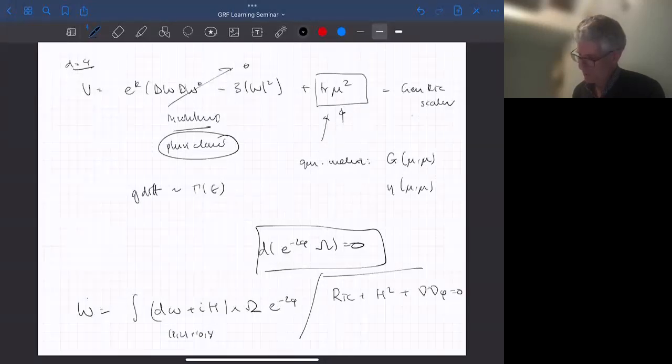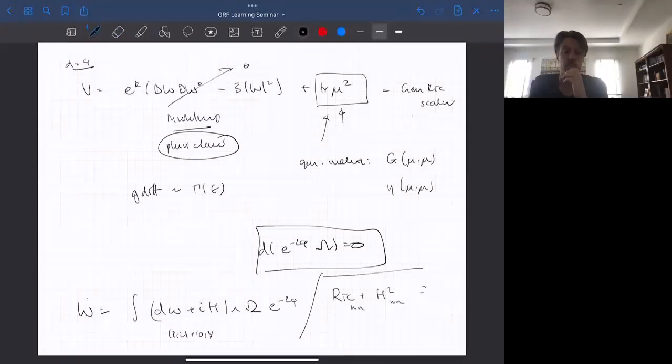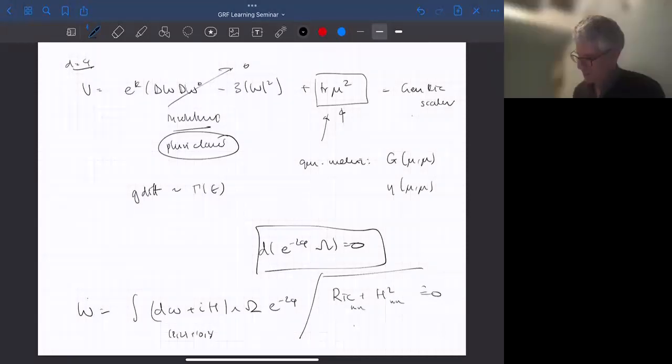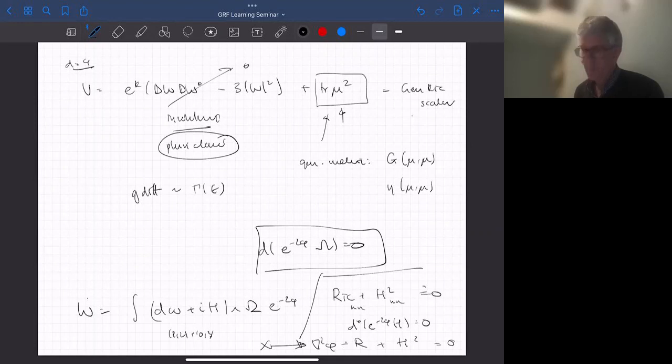So some Ricci mn is 0, and then there's something that looks like d star e to the minus 2 phi h is 0. And then there's a dilaton equation which looks something like this. It involves the Ricci scalar and involves h squared, and it's setting this to 0, which gives you the no-go. If you drop that equation, then you can have solutions which violate the no-go theorems.